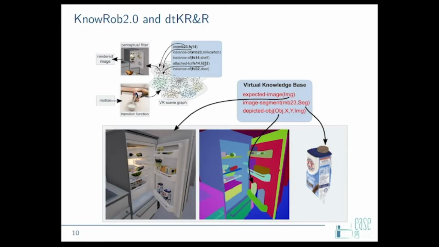Or another application is that we want to know what is the image segment in the image that a certain object is depicted in, right? And then we implement that by asserting that all other objects besides MP23 are invisible, and then we render the image and we get a perfectly segmented image.